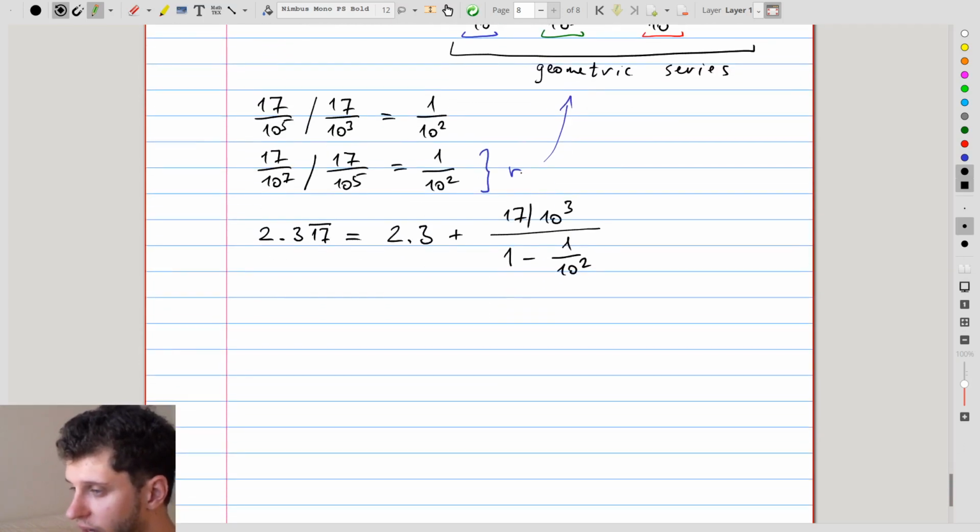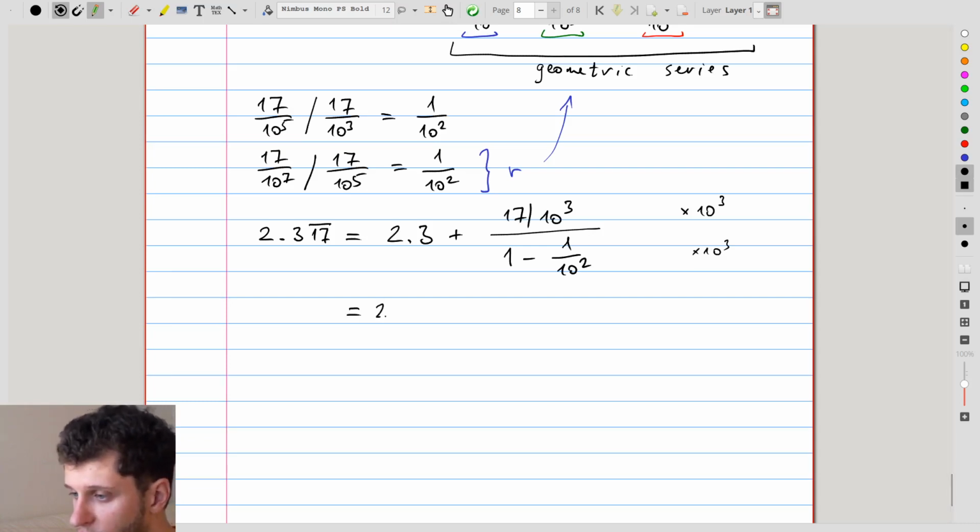Okay, so let's go ahead and do that. So first of all, let's multiply the numerator and denominator in this fraction by 10 to the third. So we can do that because for any fraction we can multiply its numerator and denominator by a fixed non-zero number that will not change the value of the fraction.